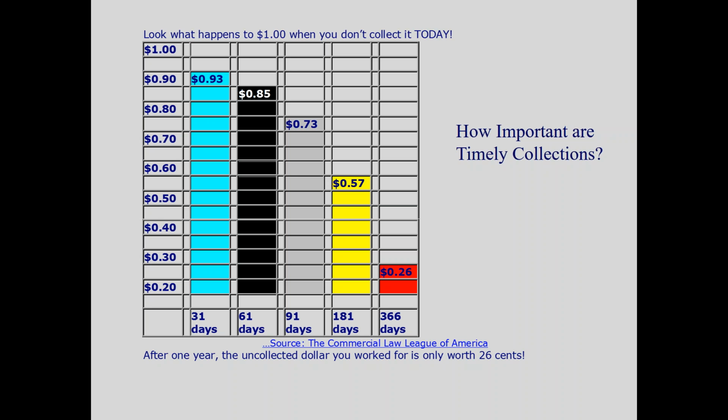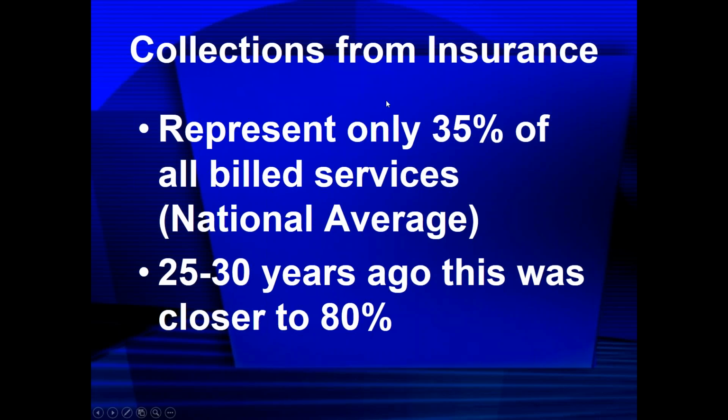And so, again, reiterating this same slide that I showed you earlier on the importance of timely collections, this one is a little bit bigger, a little easier to read, but you can see how that dollar devalues if it is left uncollected over a certain period of time.